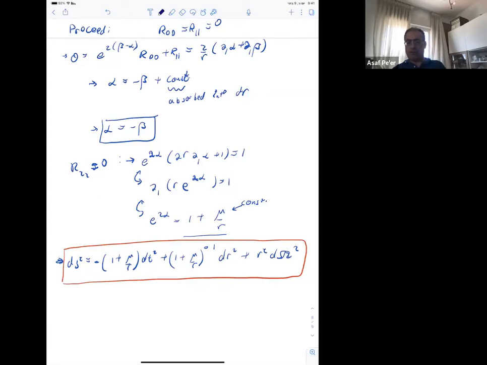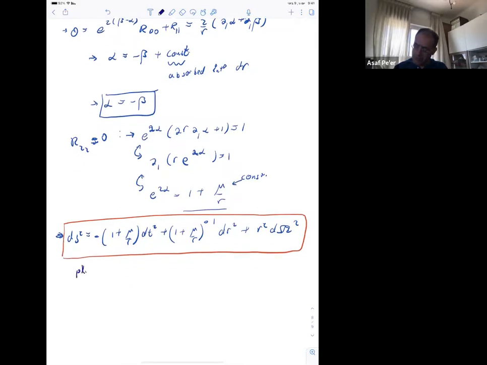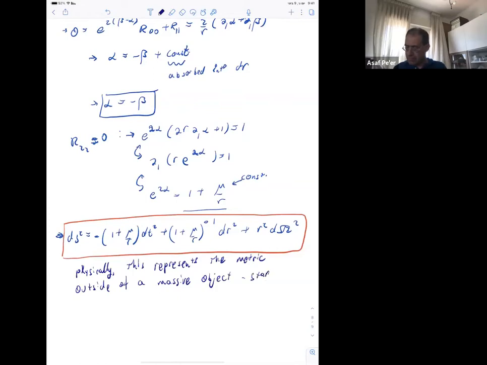Now, if we take the limit when r goes to infinity, of course, it's the weak field limit. So physically, this represents the metric outside of a massive object, like a star, planet, whatever.